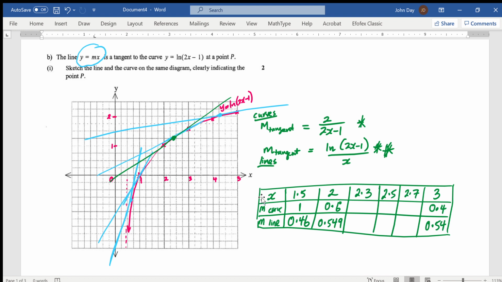So 2 on 4.4, and I get 0.45, and 2.7, natural log of 4.4 divided by 2.7, 0.54.